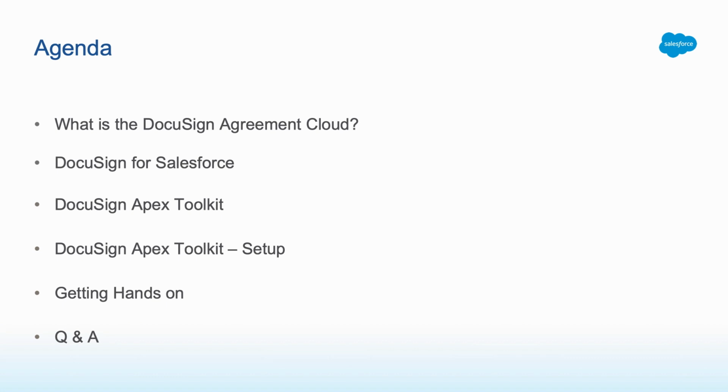What's the agenda? First, we are going to talk about DocuSign Agreement Cloud. We'll then go ahead and look more into our flagship offering, DocuSign for Salesforce. This will be followed by Epic's Toolkit, which is the main focus for today's presentation.